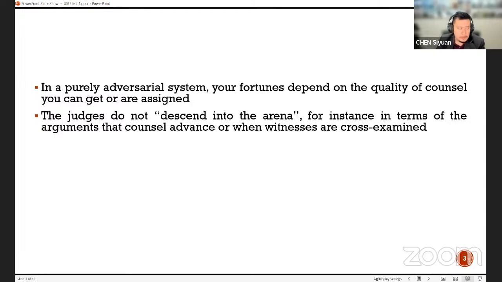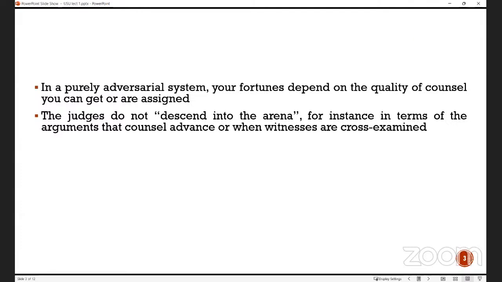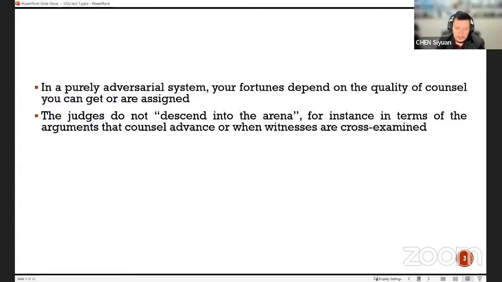And in a common law system like Singapore, cross-examination is considered extremely important. And what happens in cross-examination? There's really one main objective, and that is to undermine the credibility of the person that you're cross-examining as much as possible. So imagine the crime is that of rape.